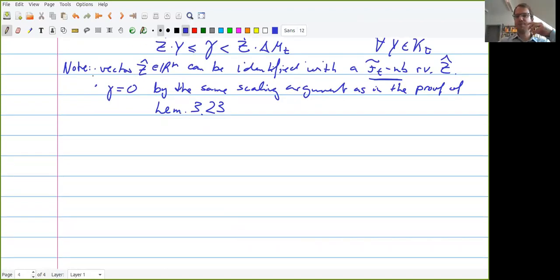Okay, and now, as in the first fundamental theorem of asset pricing, I use this Z tilde to construct these two martingale measures, Q1 and Q2. So how do we do this? First thing is we want to ensure that Z hat is not too big, so we do a small rescaling argument.